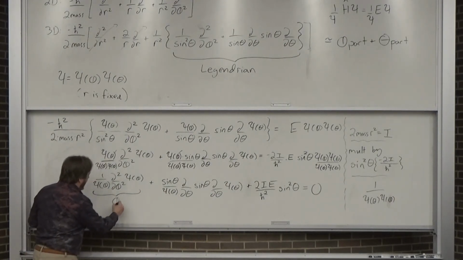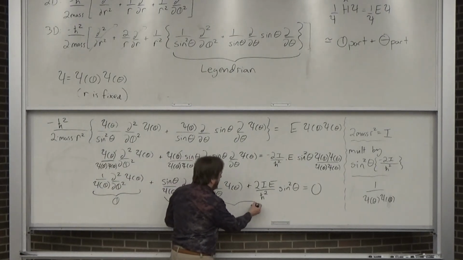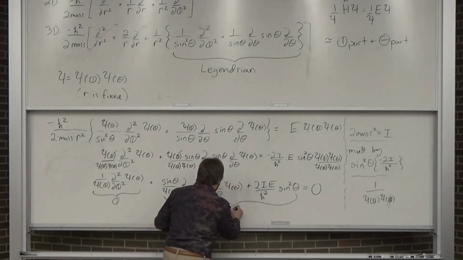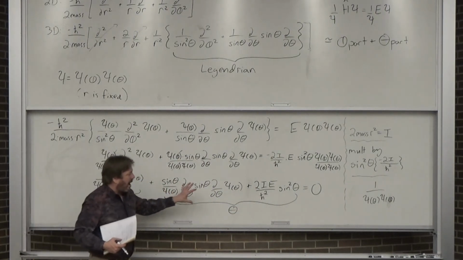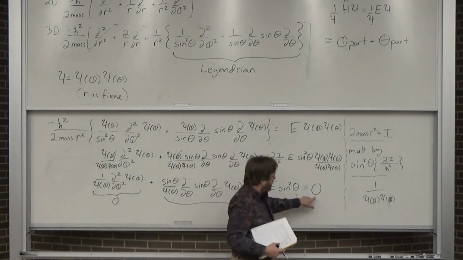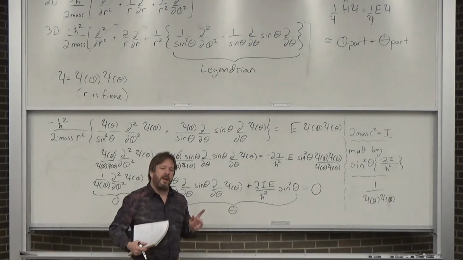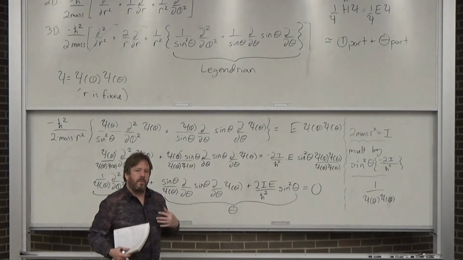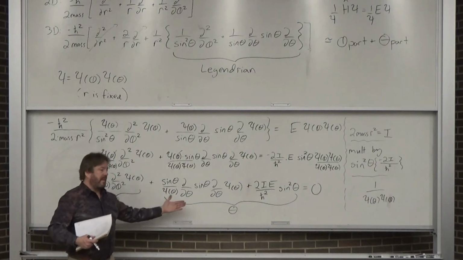Here's the phi, and here is the theta. Now these have to play off against each other to cancel. Right? They have to sum to 0. The phi part and the theta part have to add to 0. And look what I just did.